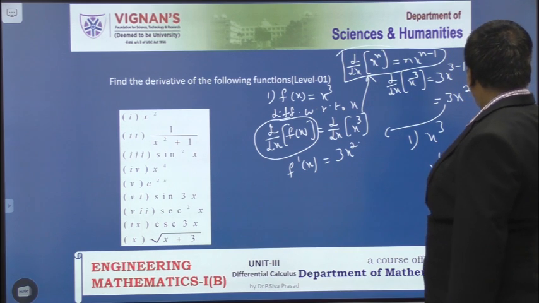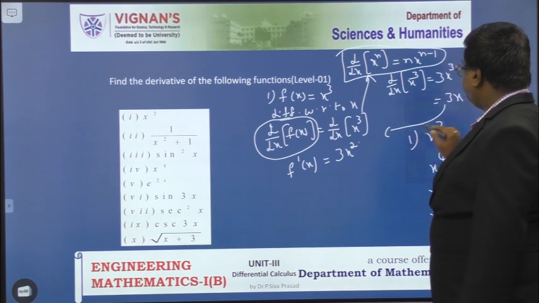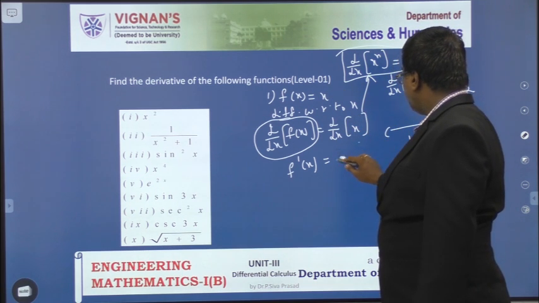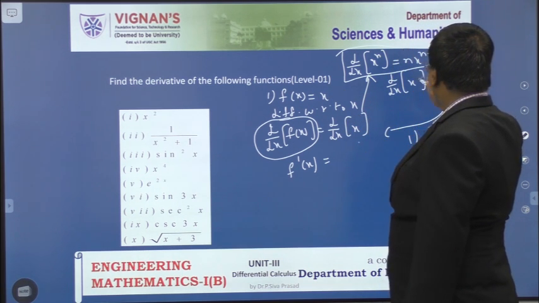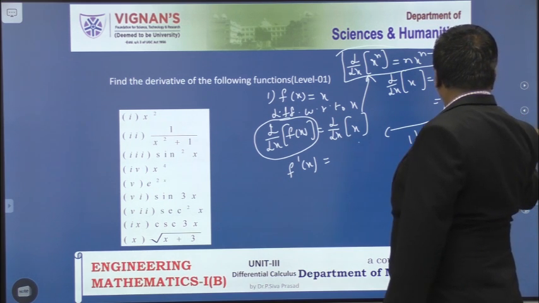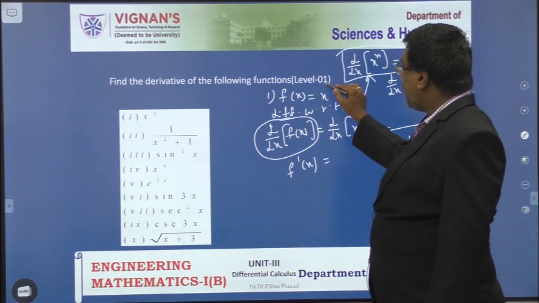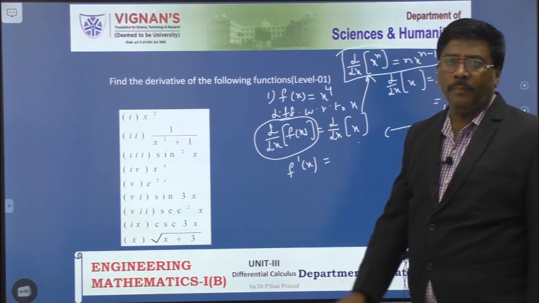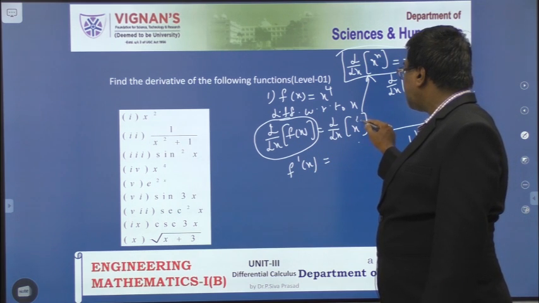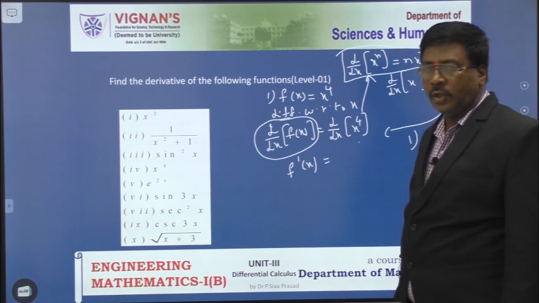In a similar way, next one. Please all of you do x power 4 also. So here f of x is equal to x to the power of 4. Differentiate with respect to x on both sides. d by dx of f of x is equal to d by dx of x to the power of 4.